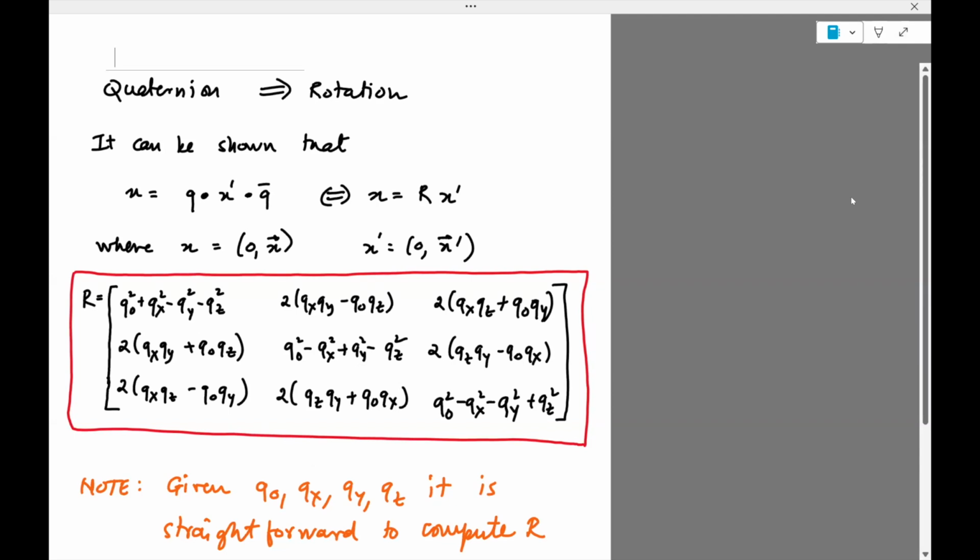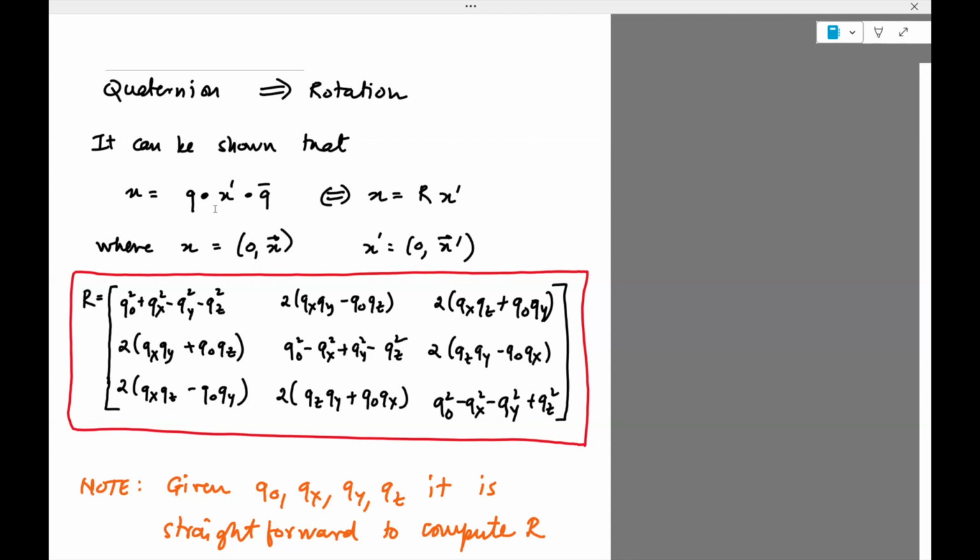Well, it turns out that if q is the quaternion, and remember x was that vector I showed you, then x prime equals q quaternion product with x bar, q conjugate, is actually the same as x prime equals r times x. Looks weird, but that's how it is.